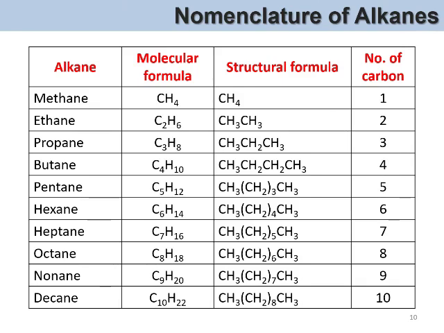If the number of carbon 1, the name is methane, molecular formula is CH4, and the structural formula we can write as CH4. If number of carbon 2, the name is ethane, molecular formula C2H6, and the structural formula we can write as CH3CH3.